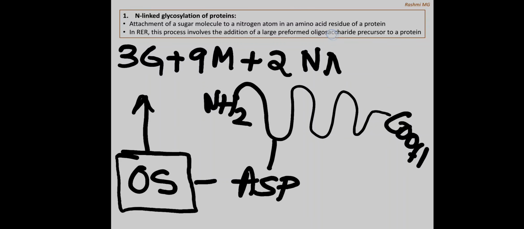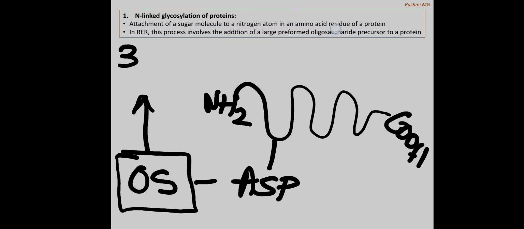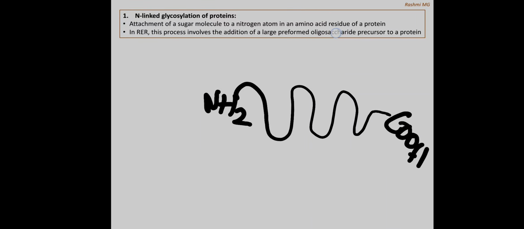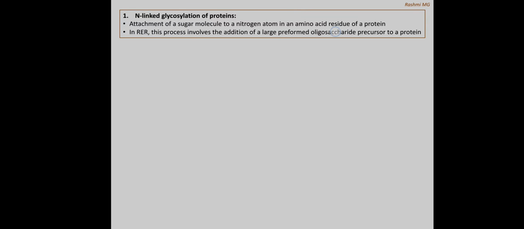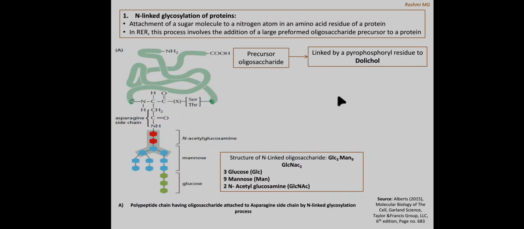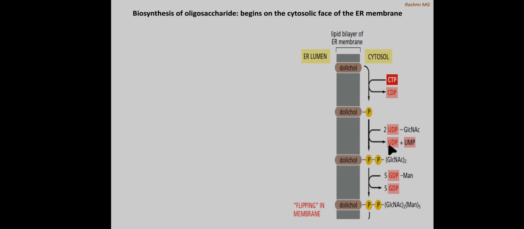I hope this is clear. So N-linked glycosylation is nothing but the attachment of a sugar molecule. Okay. Next. So this is what I explained now.